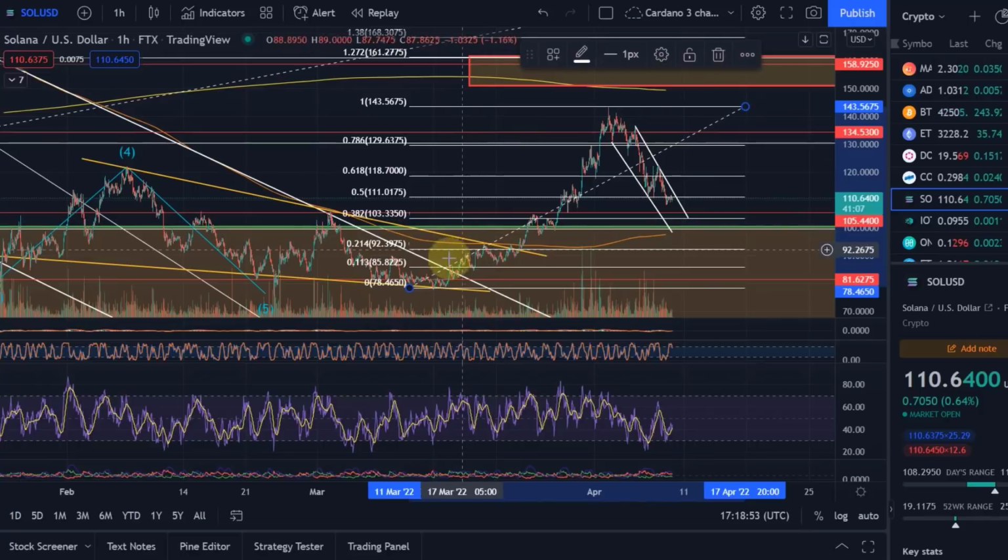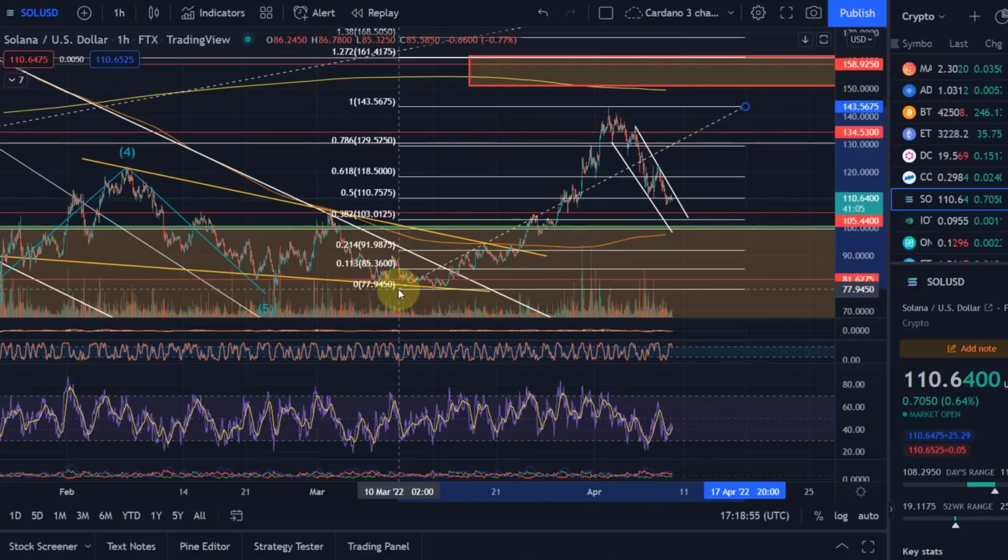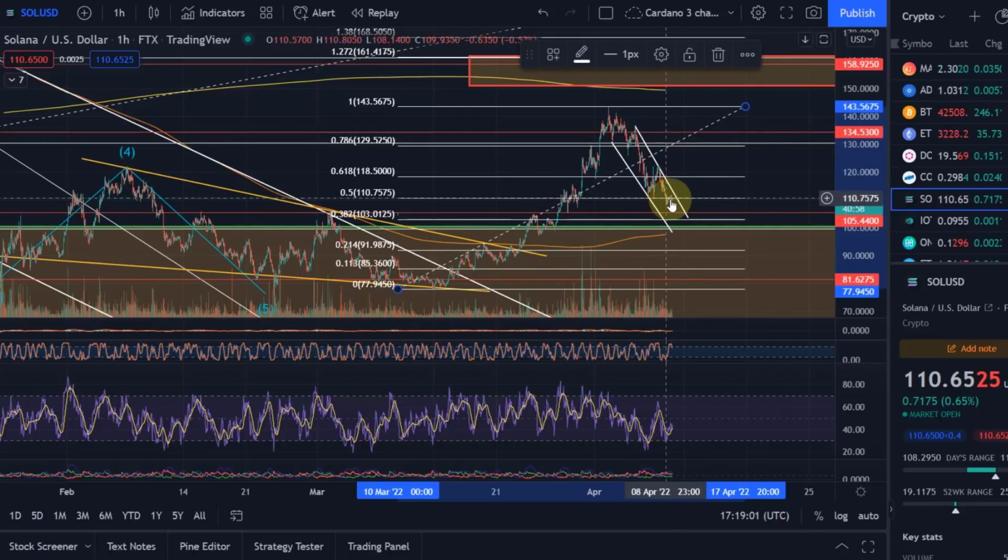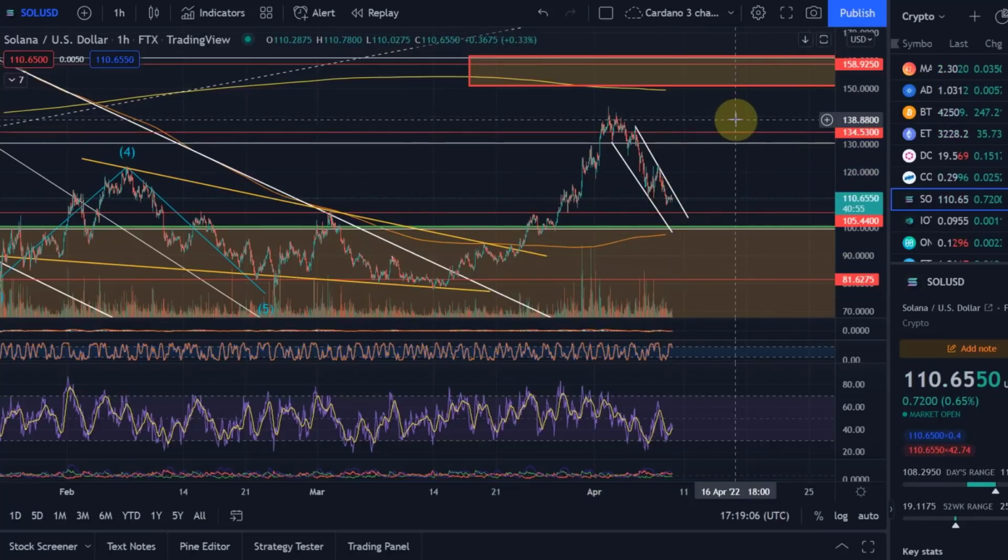So around $110, and this is pretty much where we're currently finding support. Not falling through. This is the relevant support level where we currently are.